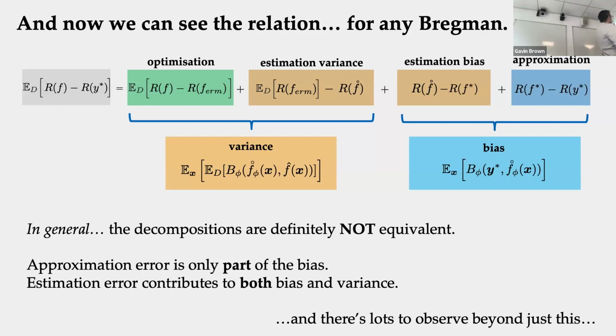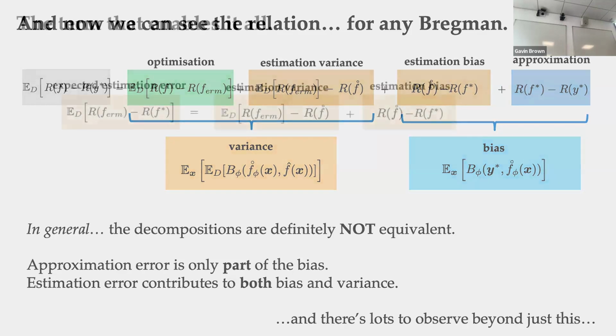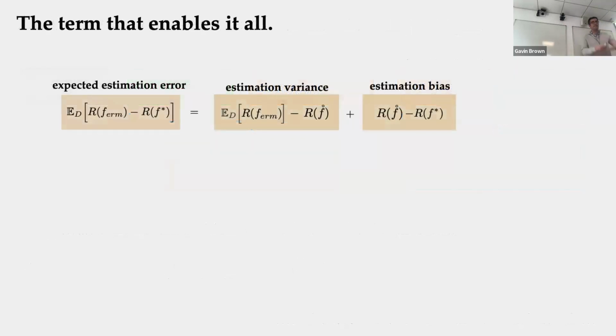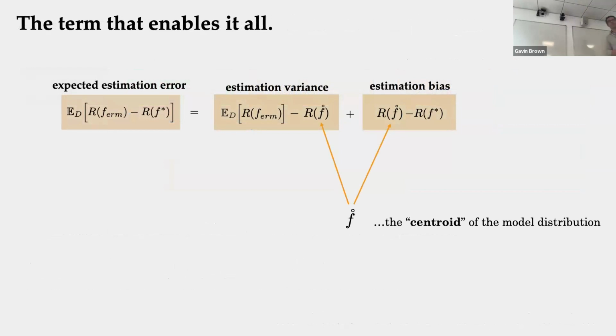The term that enables it all, this bit in the middle here, is the expected estimation error broken up into two bits. As I said, generalization bounds push down on this, and we get two components to it. The component that we use to separate it is the risk of what we call the centroid model.